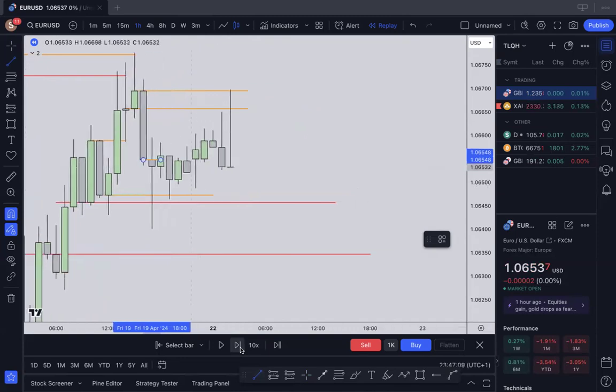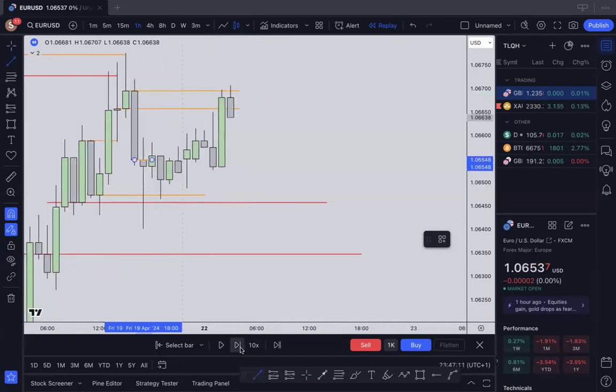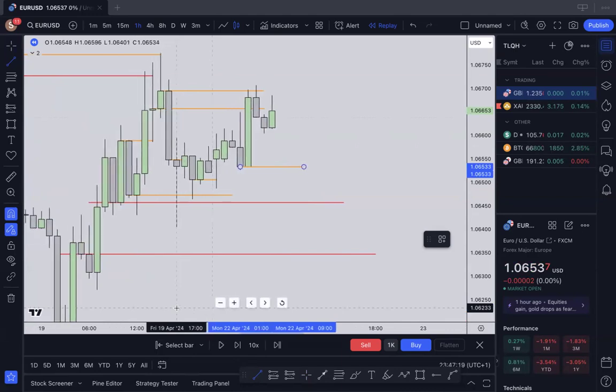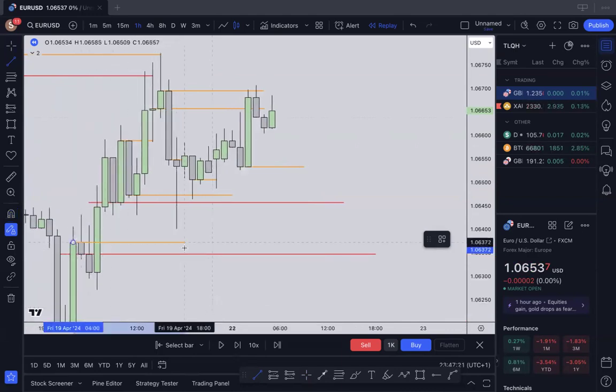Okay, you can see there, we pop back into that, and now we start to react. But notice here, we are still reacting from the H1 zones. So where would our next zone be that we would want to come and target? I believe it would be down here or down here, completing the storyline.